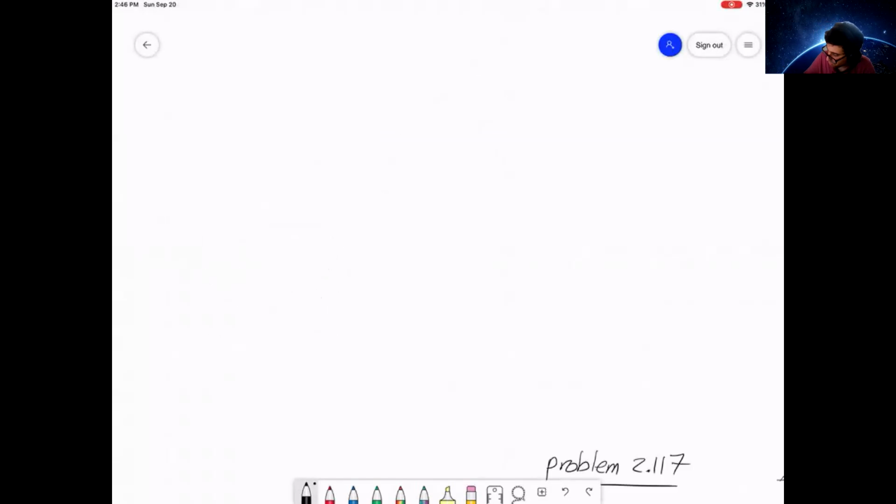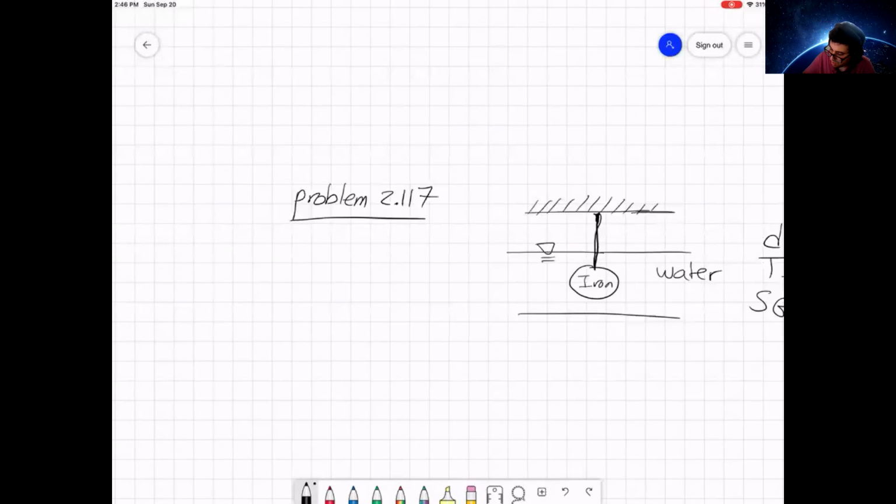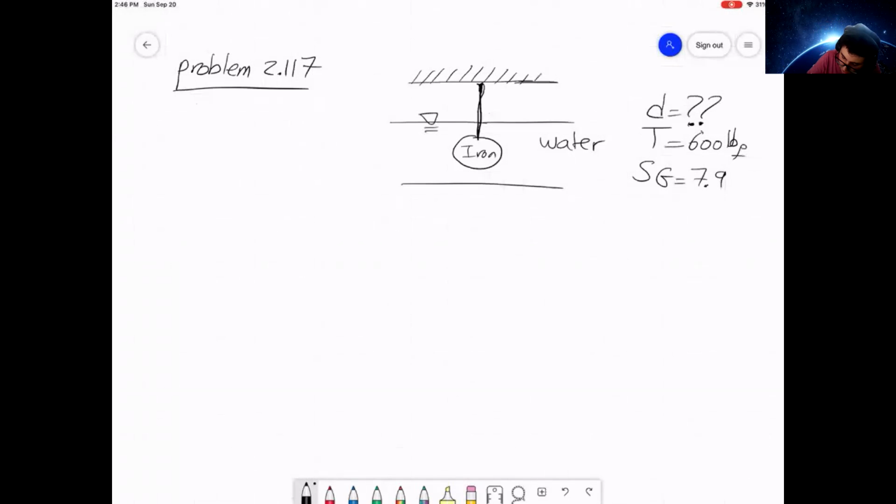Let me write this down. The buoyant force is going to be equal to the specific weight of the fluid times the volume of the object.